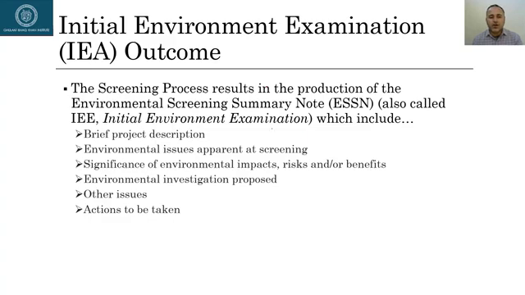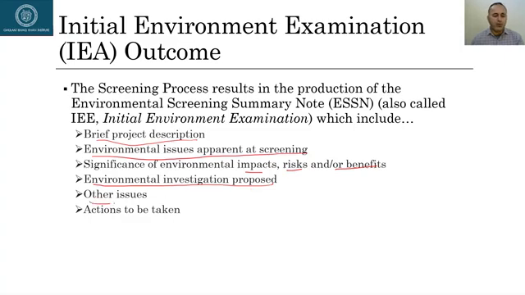The most important thing is that the initial environmental examination includes a brief project description, environmental issues apparent at the screening, and the significance of environmental impacts, risks and benefits. The environmental investigation is also proposed. If it is proposed, it means that we have to go to environmental impact assessment.